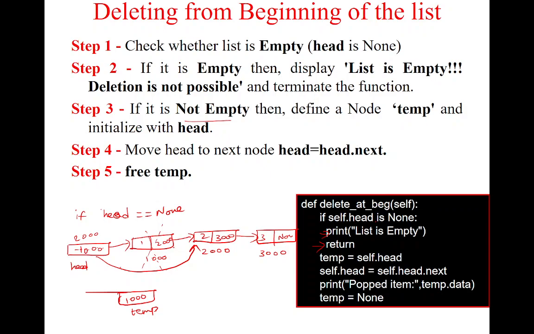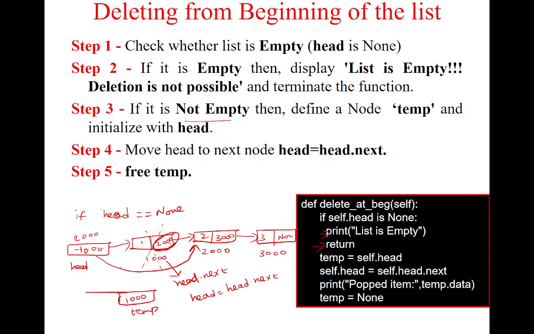How can I know the next node is 2000? Because of the image you are understanding. But in the coding part, how will the computer understand? The next node address is available over here, in this place. What is the name of this place? This we already know is head. So it is nothing but head dot next. So we are assigning head equal to head dot next.